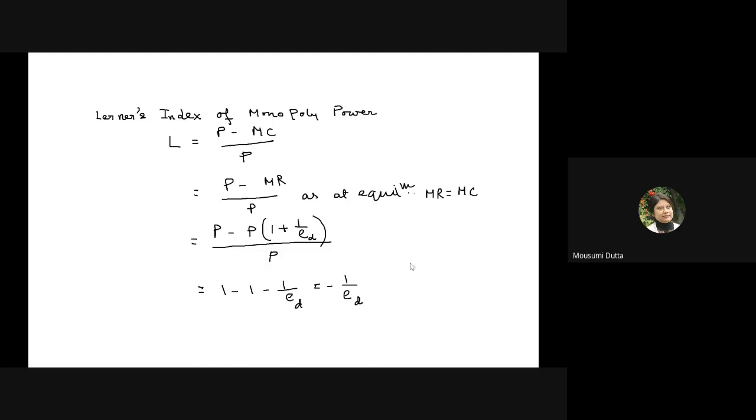All these calculations are post profit maximization. First, you have to determine the profit maximizing output, price, and profit, and then you measure all these things, because market power comes once the price is settled, otherwise not.